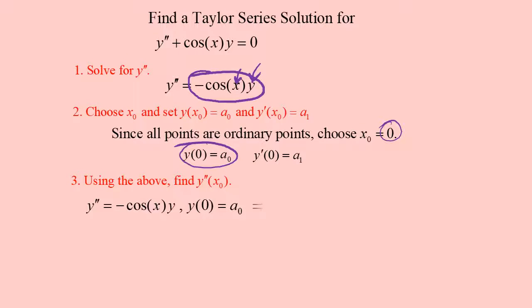So we end up with y double prime of 0 equals negative a0. Now we're going to make us a table and we'll list what we've got so far. And you see here in step 4, we're just going to continue repeating what we just did.